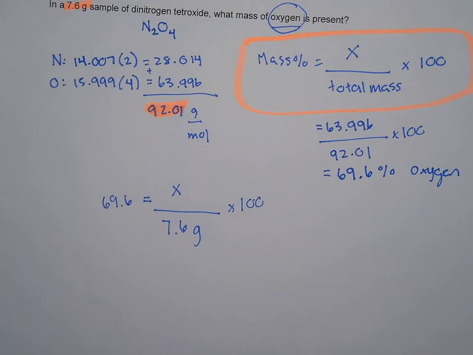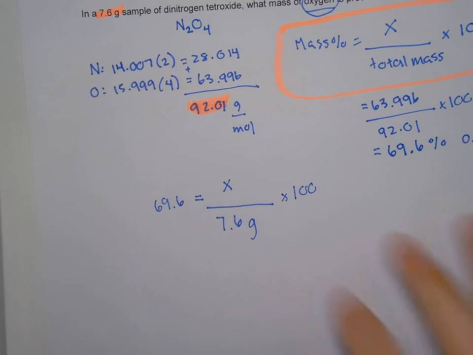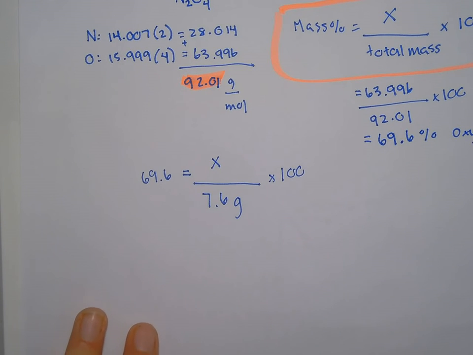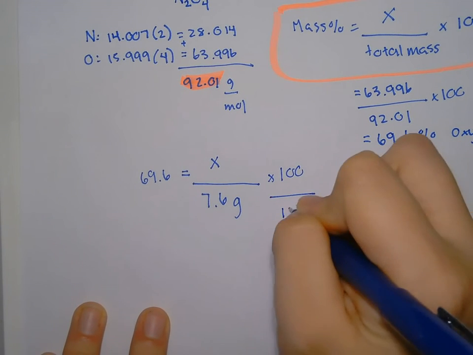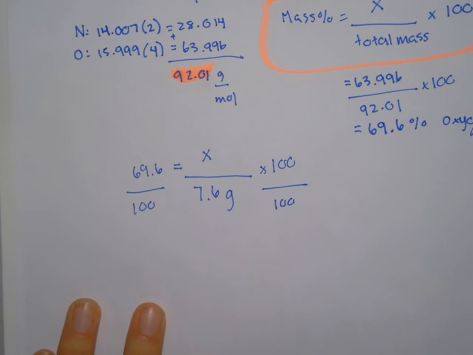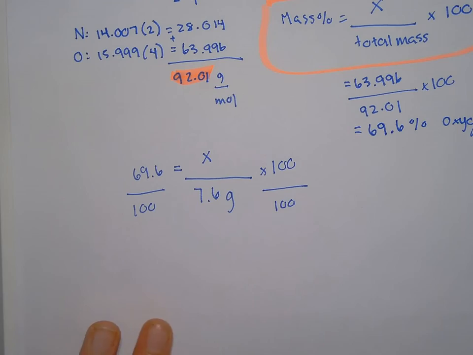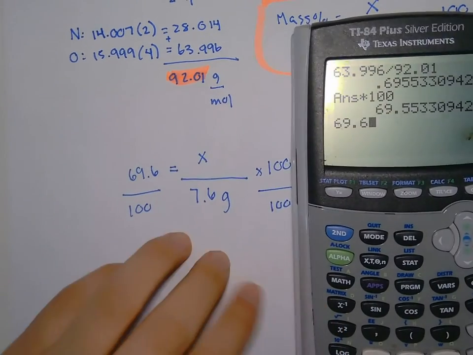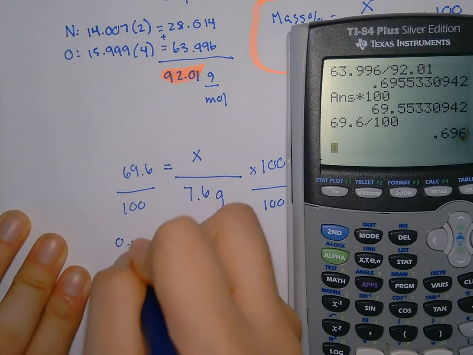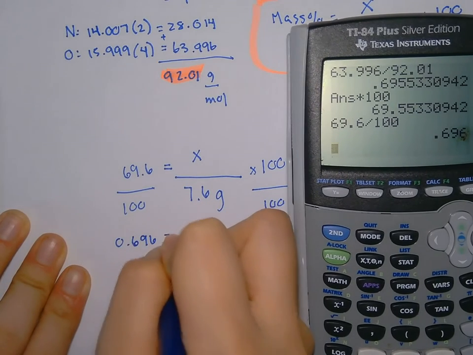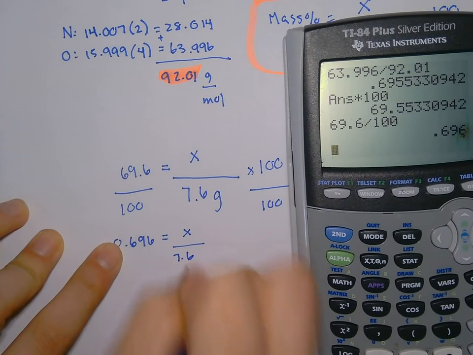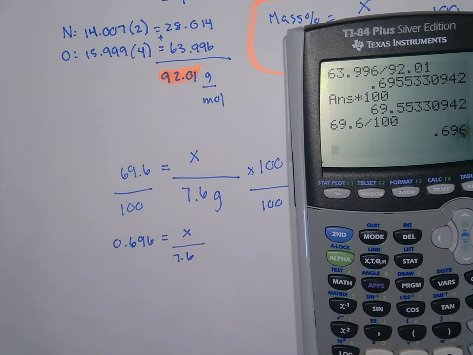Okay, so let's first get rid of this times 100 that's bothering me. I'm going to divide by 100 on both sides to get rid of that 100. So 69.6 divided by 100 is equal to 0.696, which is equal to X over 7.6, and I got rid of that.